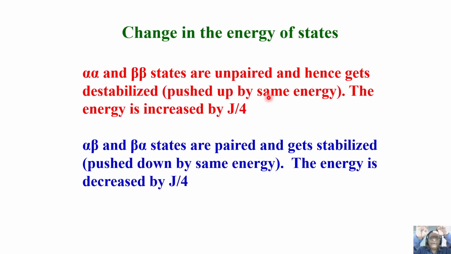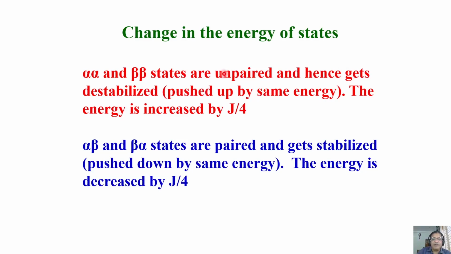Alpha alpha will go up, beta beta also will go up. That is a destabilized state. What about alpha beta and beta alpha? They are paired. When they get stabilized, they don't push up, they push down by the same energy. Instead of going up, these two states come down by the same amount of energy.